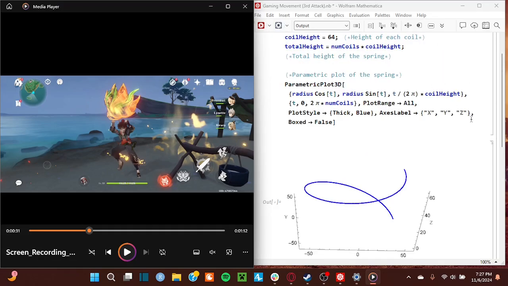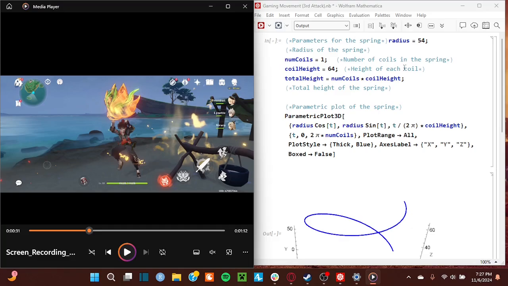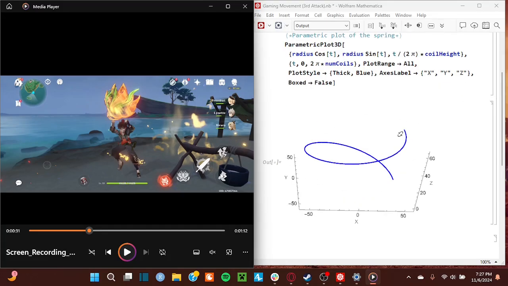So, to start off with, I went through and tried to figure out the code to make this corkscrew, and specifically, there were 2 things that I wanted to involve in this. We need a cosine and sine in order to get this kind of circular shape, but then we also need a z coordinate.